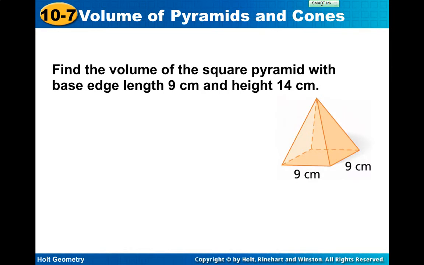This one's in picture form. Find the volume of the square pyramid. The base edge is 9, so the base is 9 by 9. The height is 14. The formula has a 1/3.